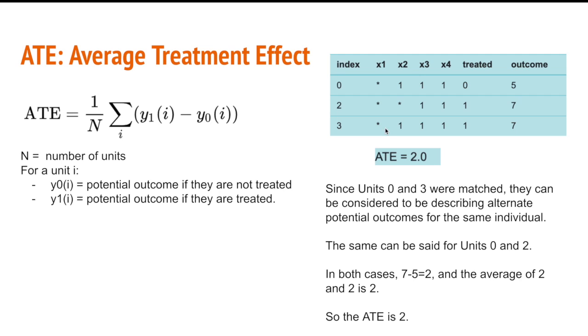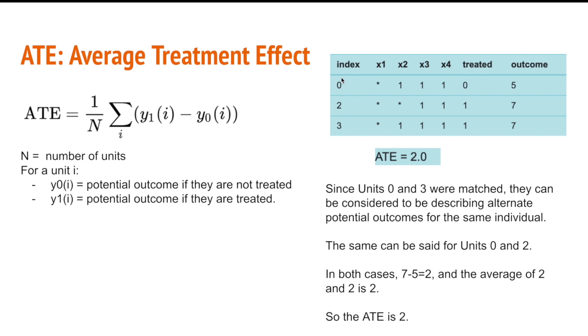So let's look at our example here. This is the outputted table after the algorithm was run, and our algorithm told us that the ATE was 2.0. So basically, the matches here are 0 and 3, and also 0 and 2.